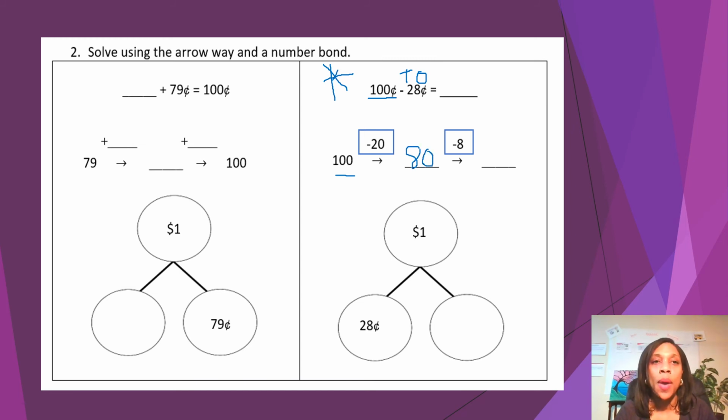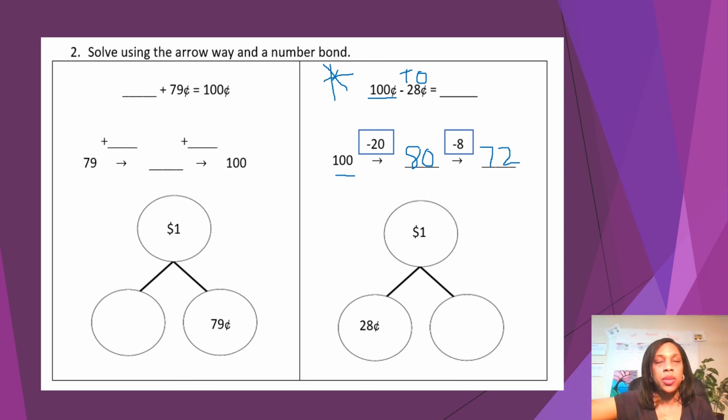Now I have to take away my ones. If I'm at 80 and I subtract 8 ones, I know that I'm going to end up at 72. Because remember, I am counting backwards. I was at 80.